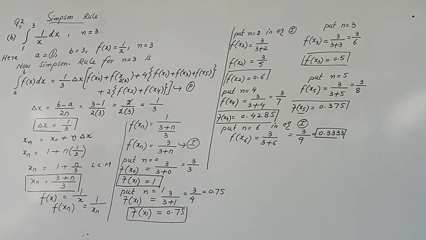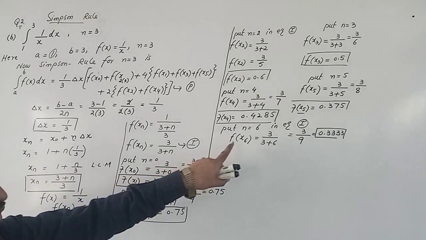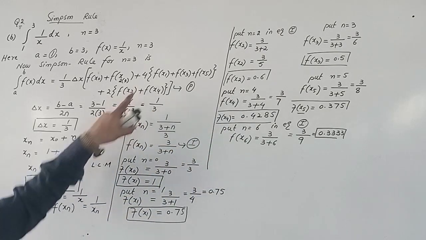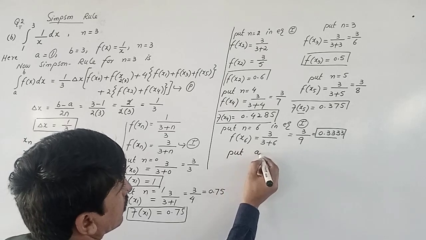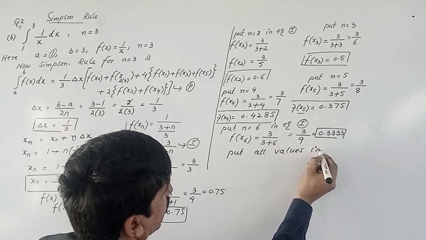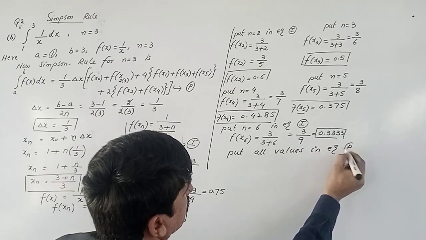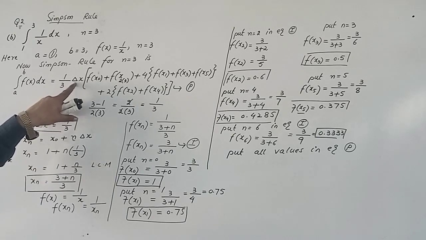Now put all these values from f of x0 to f of x6 in equation P. Put all values in equation P. P is equal to 1 divided by 3 delta x.